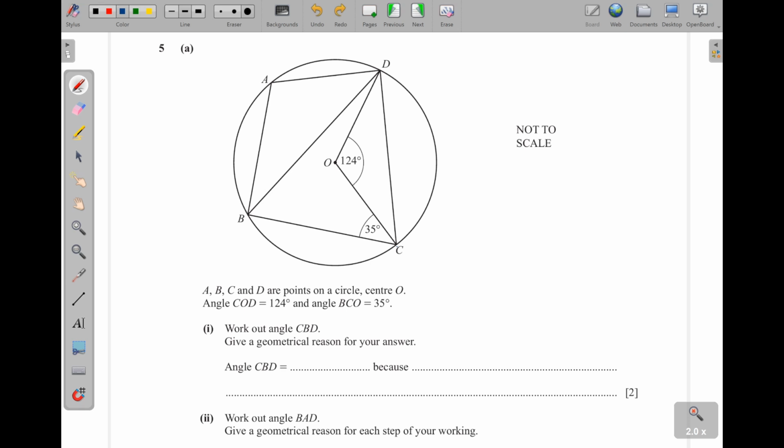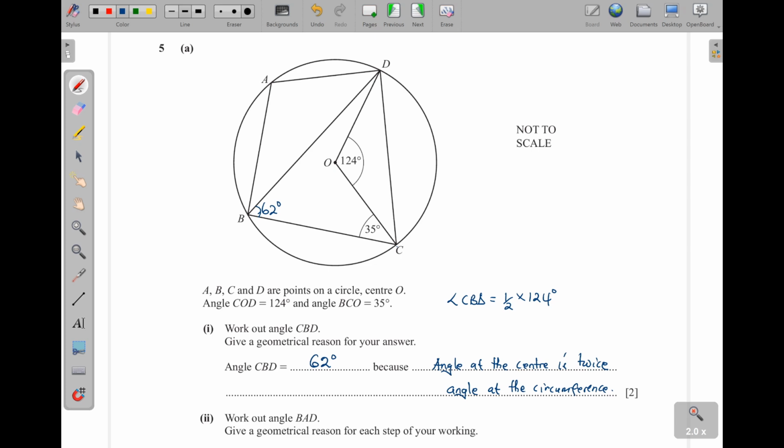So angle CBD is going to be equal to a half of 124, and that one will give us 62. So the geometrical reason is going to be angle at the center is twice angle at the circumference, just like that. Okay, so I can even write this 62 here.